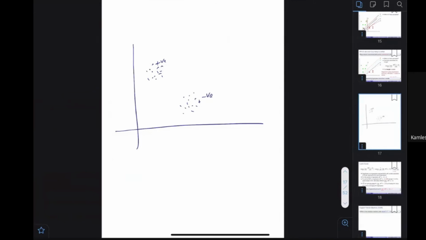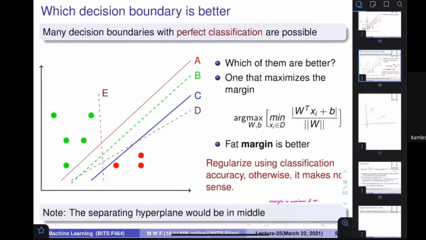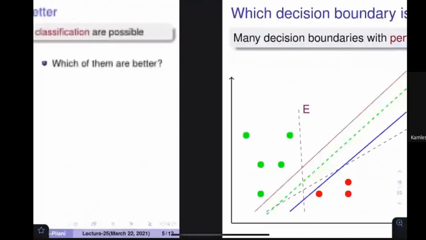What I told you is that if you only talk about maximizing the margin, this is not a good idea. We want the maximum margin, but we should also say that the classification should be correct. So we should also bring the notion of accuracy into our understanding.